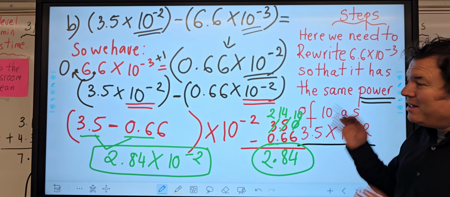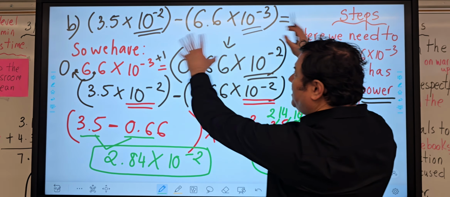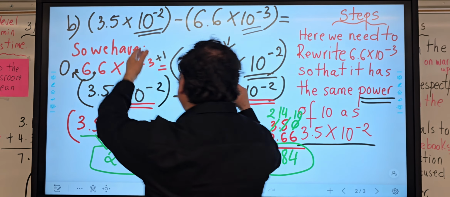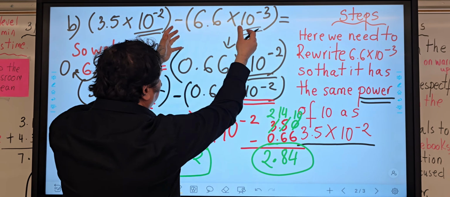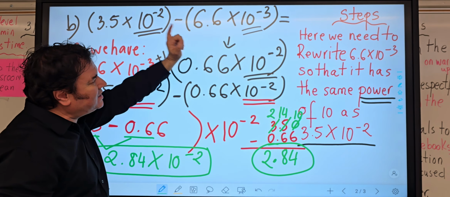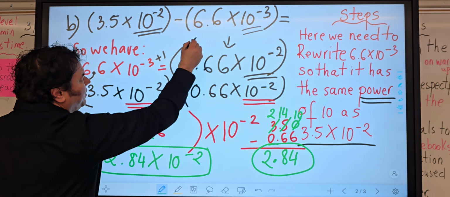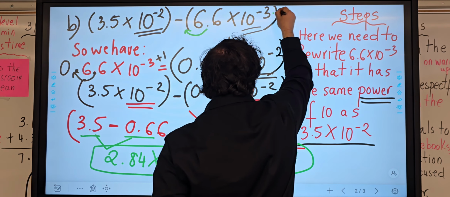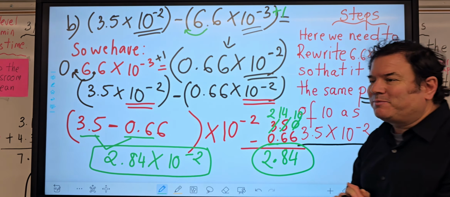Okay? Remember, one more time, if the exponents are different, we need to change one of these exponents to make it similar to the other one. In this case, we changed this one, 6.6 times 10 to the negative 3, by moving the decimal to the left one place and adding 1 to the exponent.